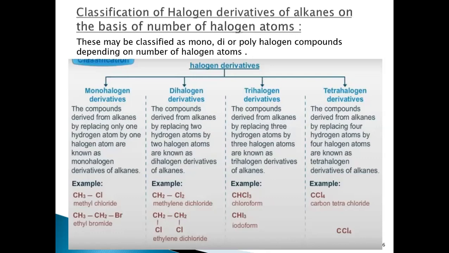Here 4 chlorines replace all the 4 hydrogens of methane. Then it is a tetrahalogen derivative. By this, we can conclude that halogen derivatives are of 4 types: monohalogen derivative, dihalogen derivative, trihalogen derivative, and tetrahalogen derivative.